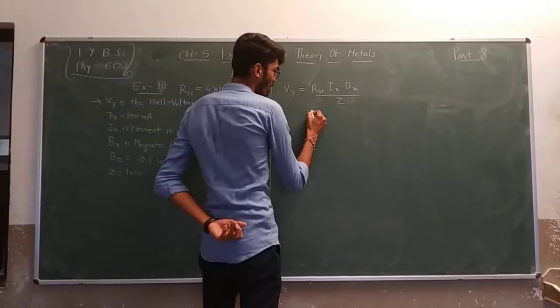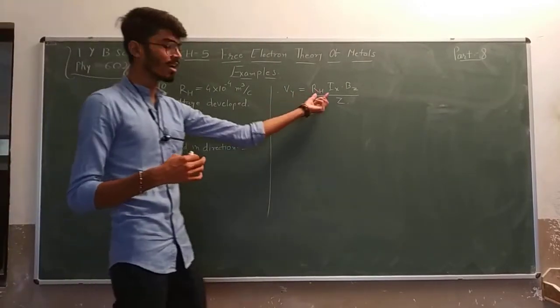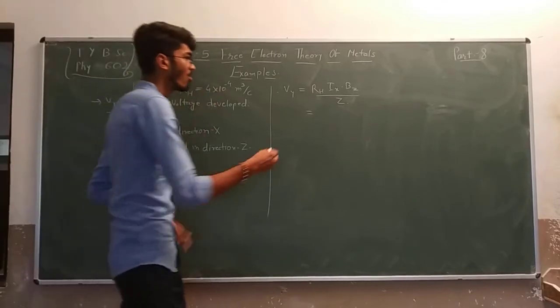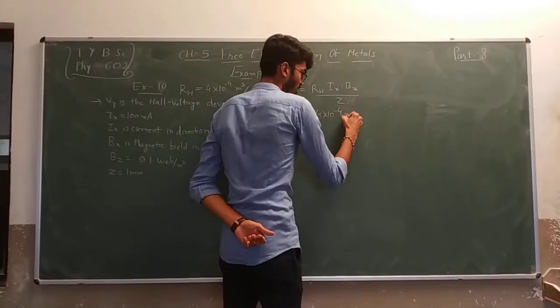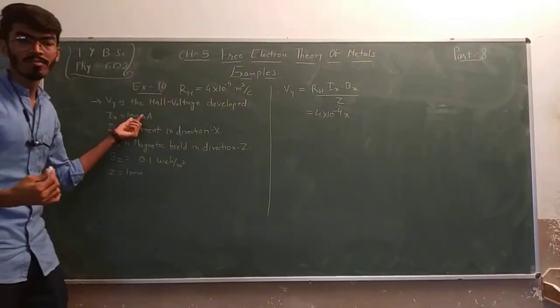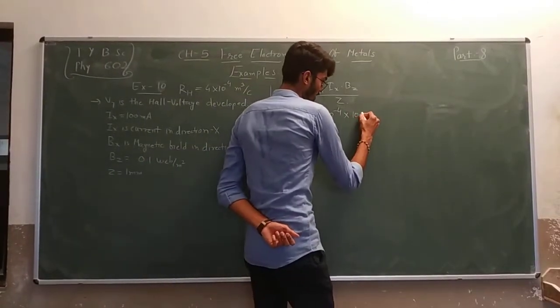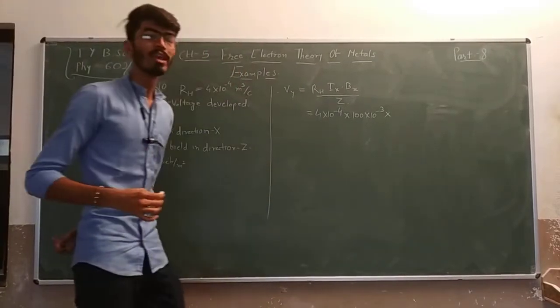So here we put the values in the formula. First R_H, 4 × 10^-4. After that I_x, 100 milliampere, so 100 × 10^-3 ampere.